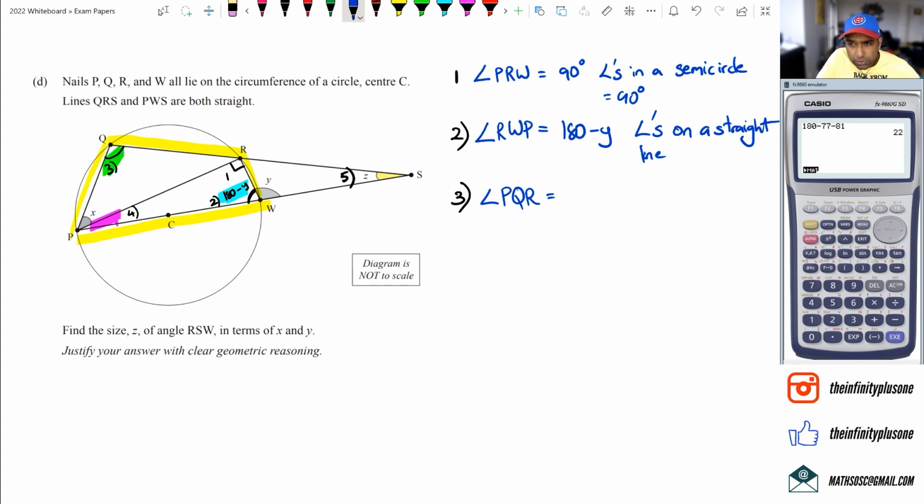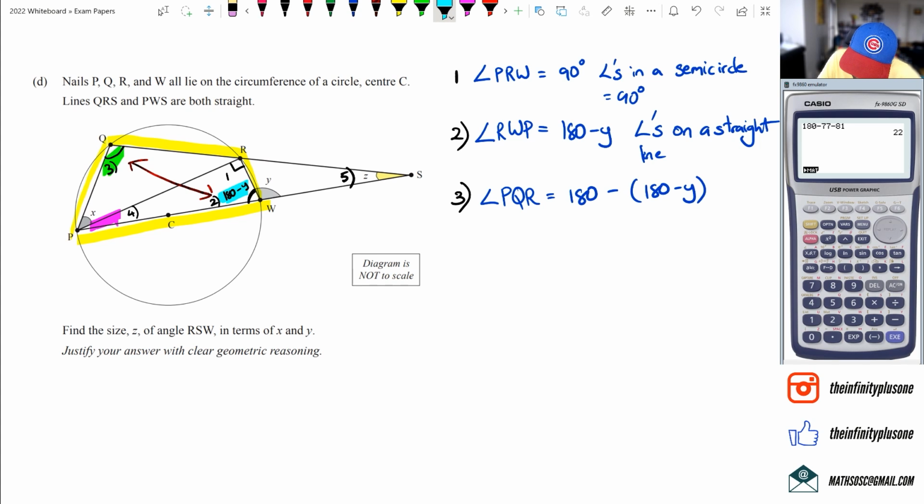Remember, both of those angles add up to 180 degrees. I'm talking about these two angles, because opposite angles in a quadrilateral inside a circle add up to 180 degrees. So with that in mind, I can say 180 take away 180 minus Y.